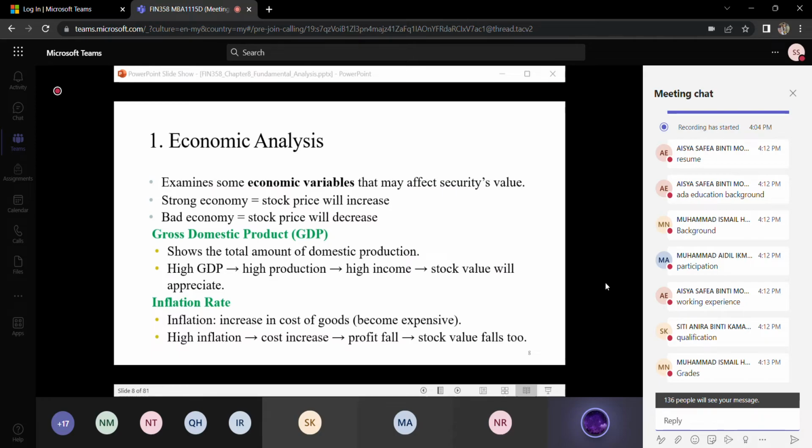So yang paling utama, if kita nak tahu seseorang itu baik atau tidak, student is good or not, so kita akan refer CGPA dia, pointer. First thing, company will check the student pointer. So dia akan check kalau ada 1000 application, dia akan check on pointer first.